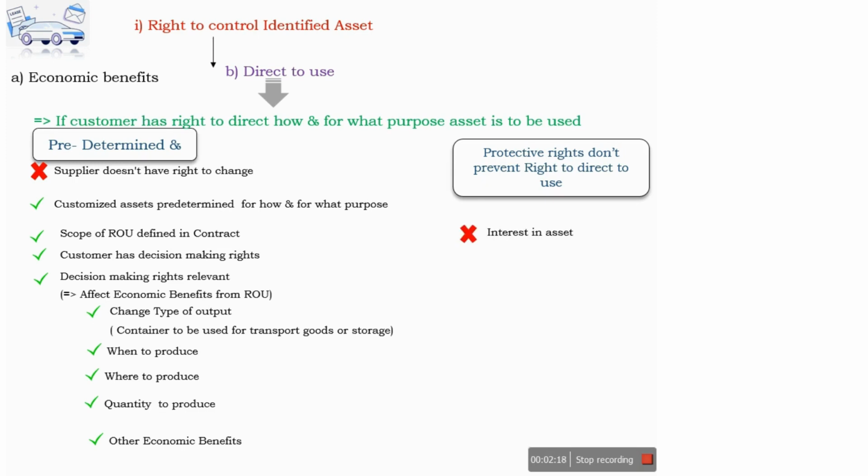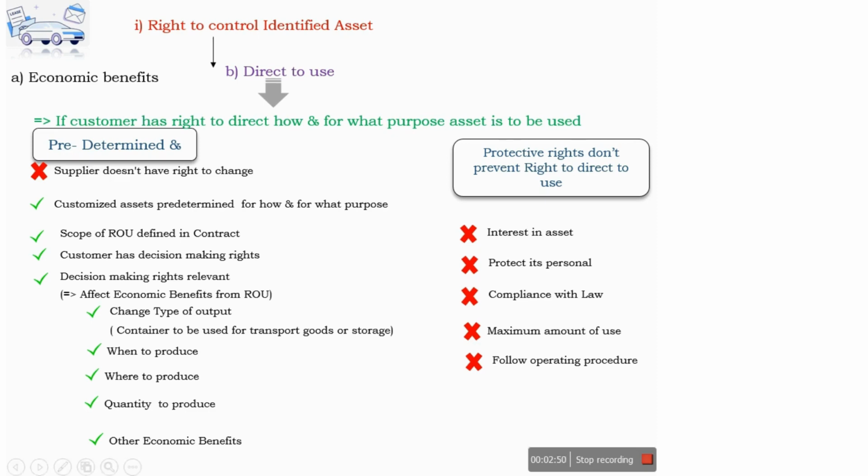For example, there may be conditions to protect the interest of the lessor in assets, to protect the personnel of the lessor, conditions regarding compliance with law, maximum use of the asset, and following of operating procedures. These protective rights of the lessor do not cancel the right to direct the use of the asset.